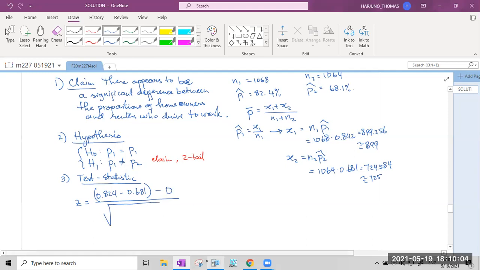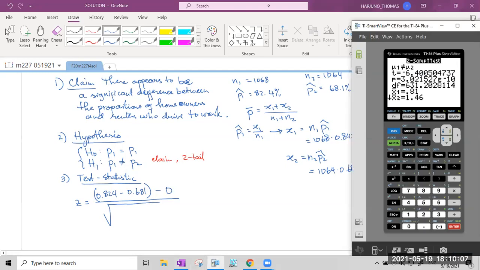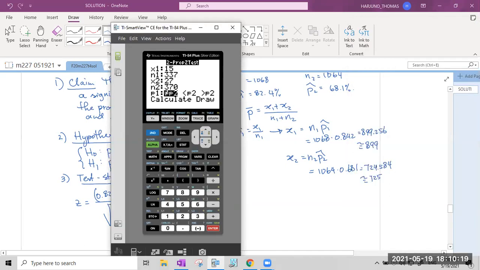Let's use the calculator to compute that. I go to Stat, Test, 2-PropZTest right away. X1 is 899, N1 is 1068, X2 is 725, N2 is 1064. We are testing two-tailed.